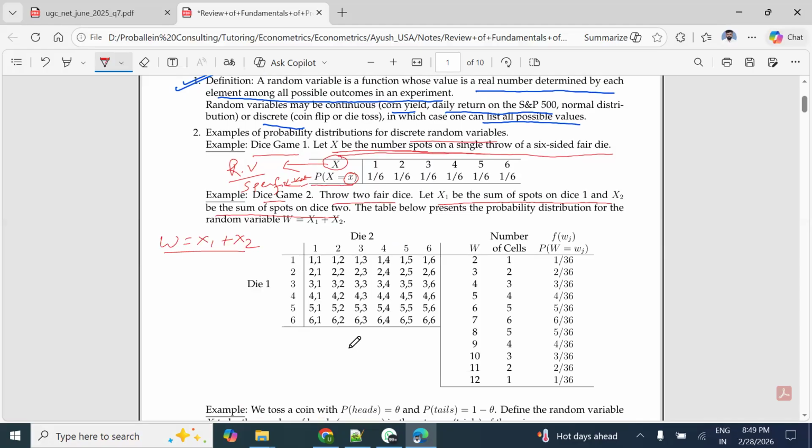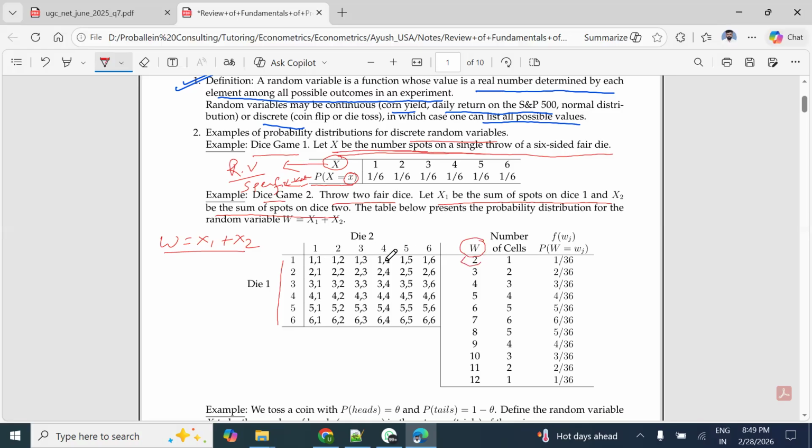Yes, sir. You have die 1, then you will throw die 1 and then you will throw die 2. Okay? And then here W is basically the random variable, the addition of X1 plus X2, that is, die 1 output plus die 2 output. So suppose for example it is saying W is equal to 2.